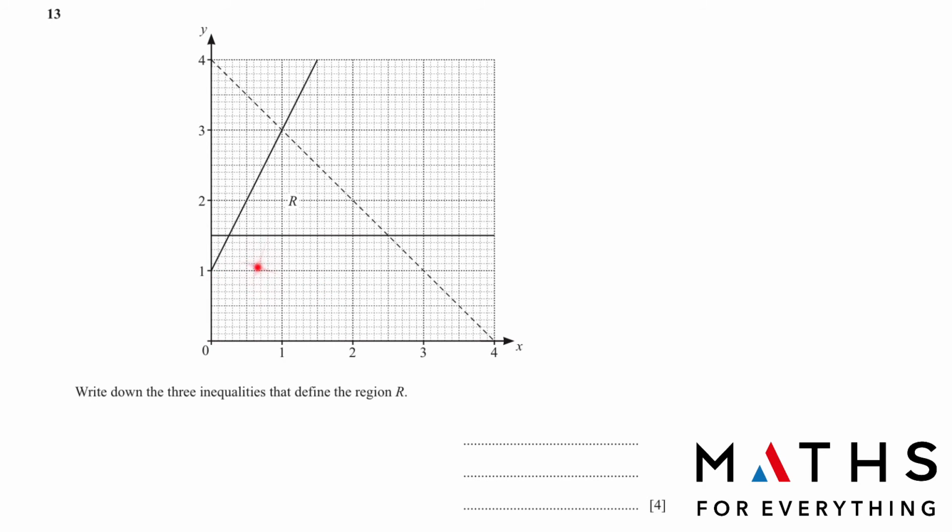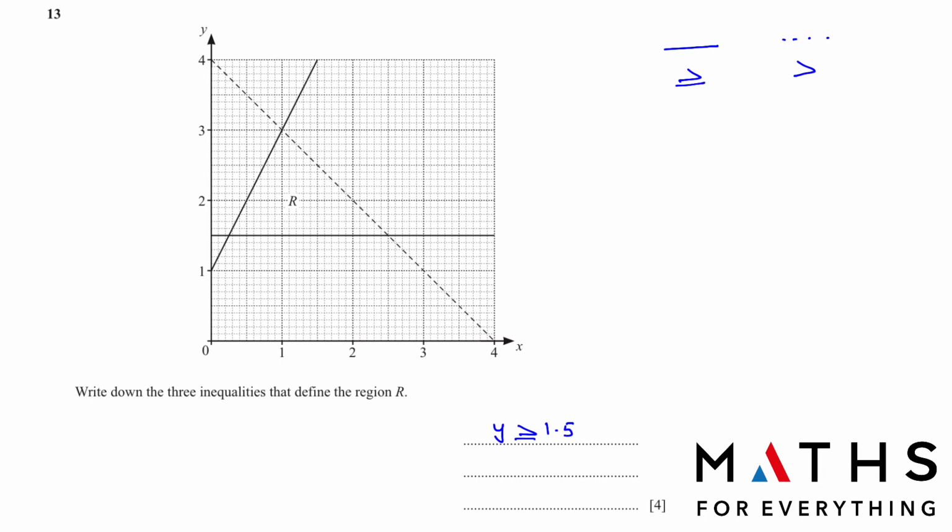In this region, your y is less than 1.5 and here y is more than 1.5. If you have a straight line like that, then we have to write double line. If it is a dotted line, we leave it like this. So the first one, y is more than or equal to 1.5.